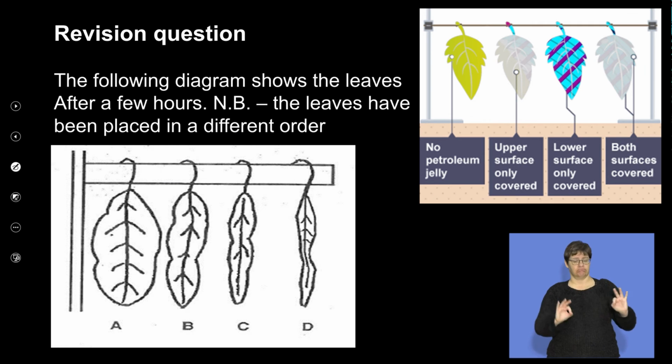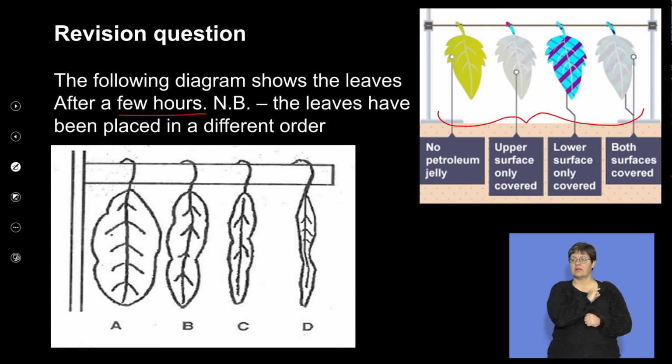Now, let's see what happens after a few hours. You're going to think straight away, oh, this is easy, but there's a catch, because the leaves are not in the same order as in the picture.